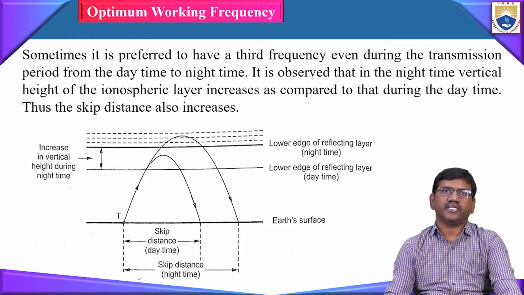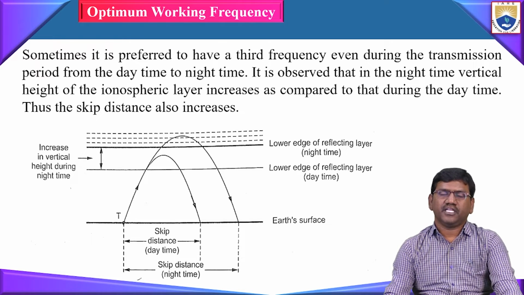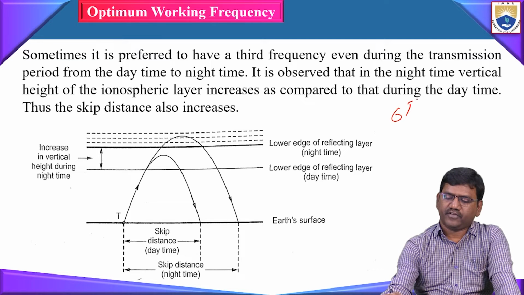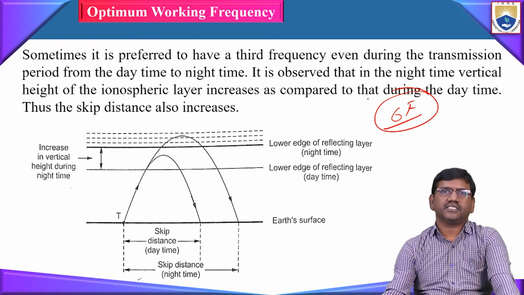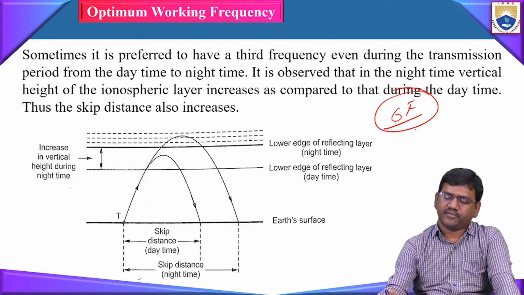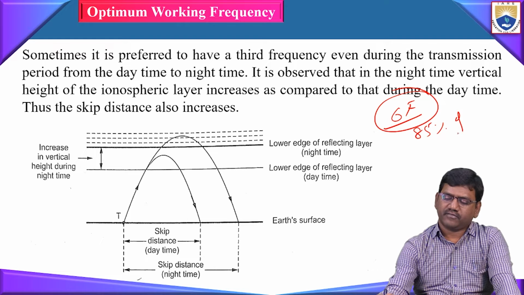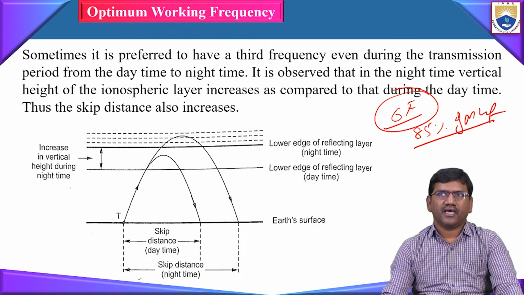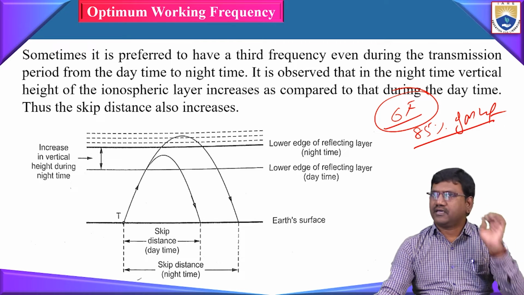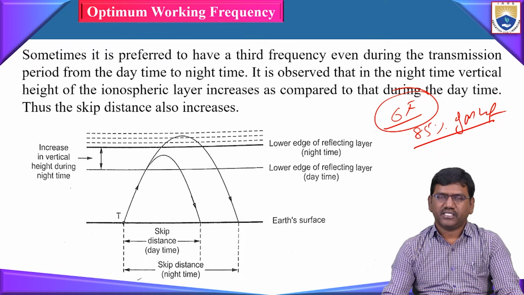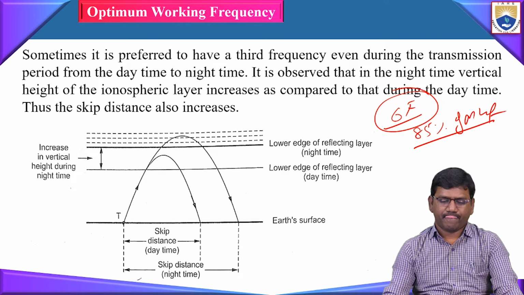Irrespective of the day, the night, or the hours, we have fixed a frequency which is known as the optimum frequency, that is used as the transmission frequency from the transmitting antenna to the receiving antenna. So what is this optimum frequency? It means 85% of the MUF value. Whatever the maximum frequency that we initially decided to send from the transmitting antenna, 85% of the MUF is treated as the optimum frequency.